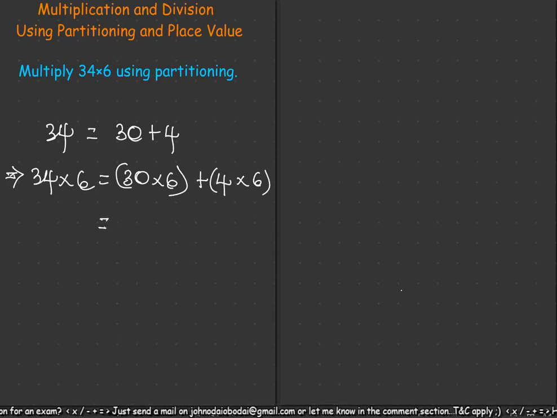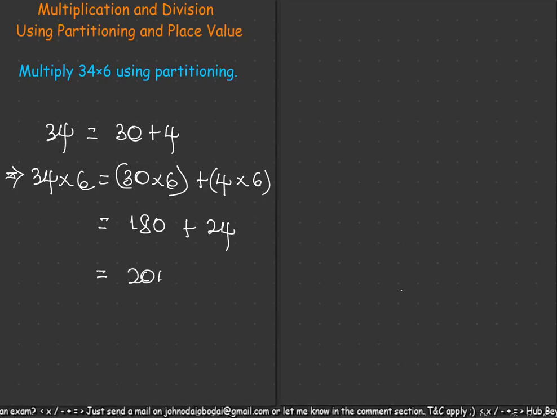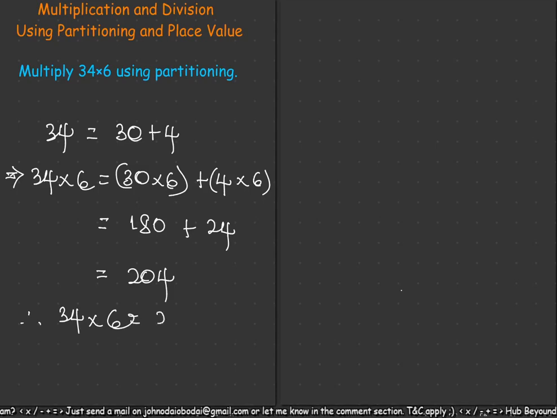You know 30 times 6 will give you 180. 4 times 6 gives us 24. If you add these two, we have 204. So we conclude by saying, therefore, 34 times 6 is 204. Very simple and straightforward.